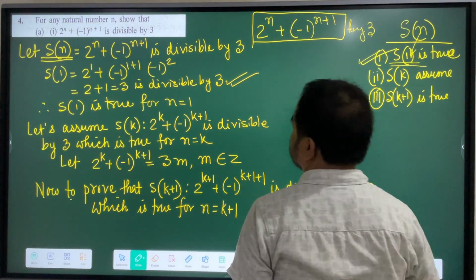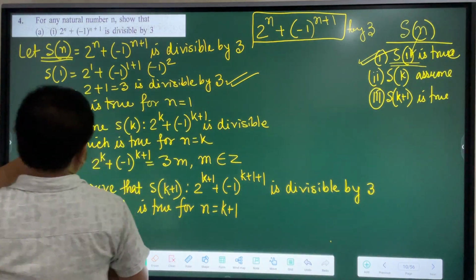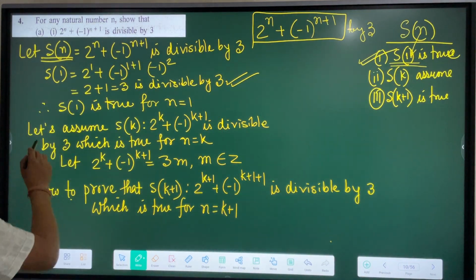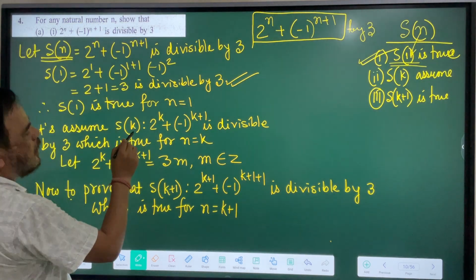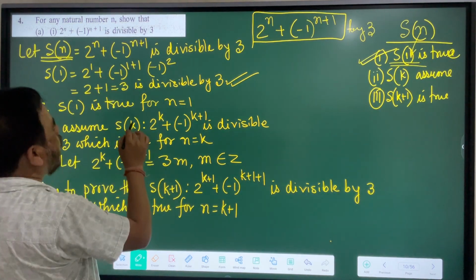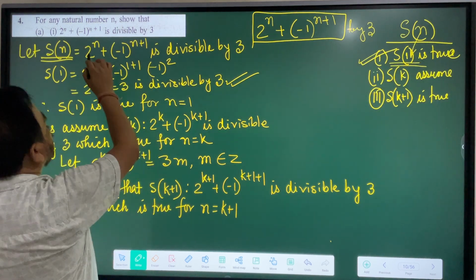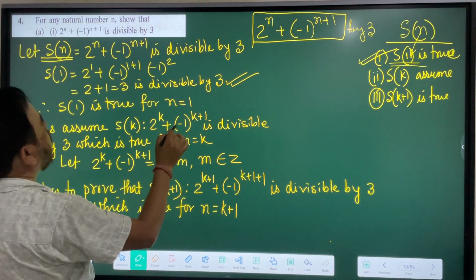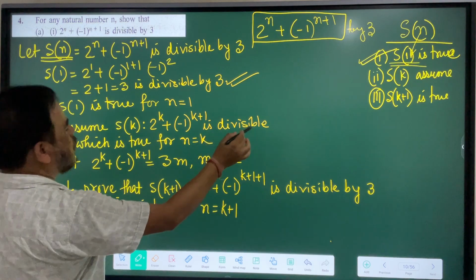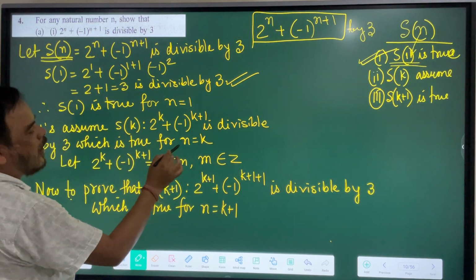This one you have already proved. Second, as we have done in exercise 3.2, let us assume Sk. In place of n now k comes. So 2 to the power k plus (minus 1) to the power k plus 1 is divisible by 3, which is true for n equals k.